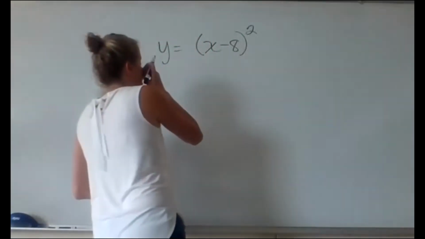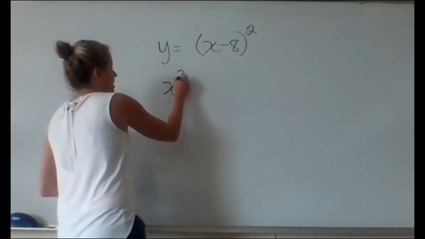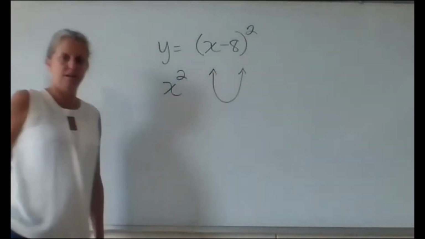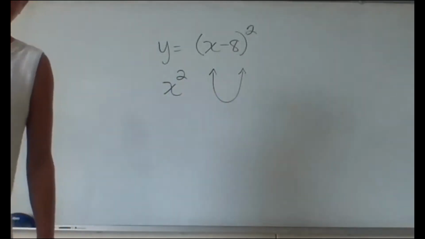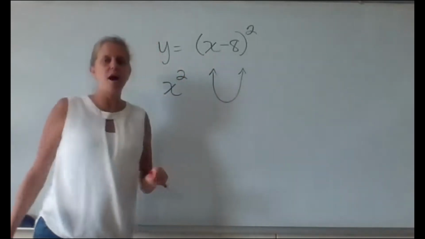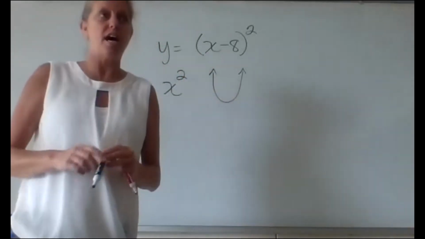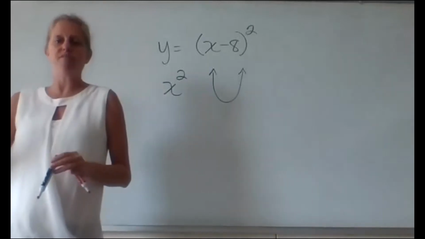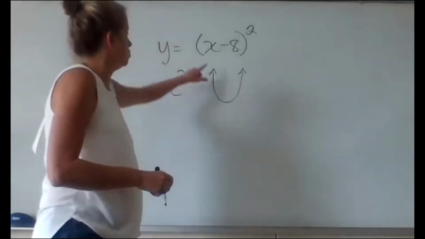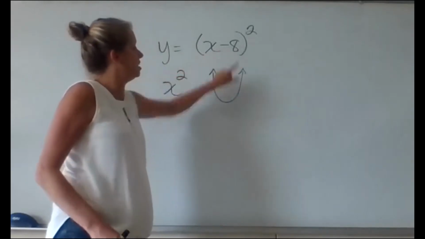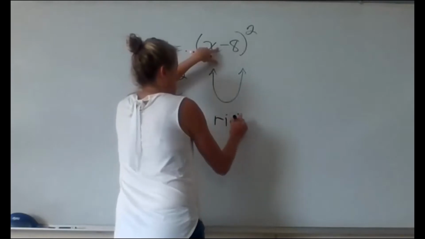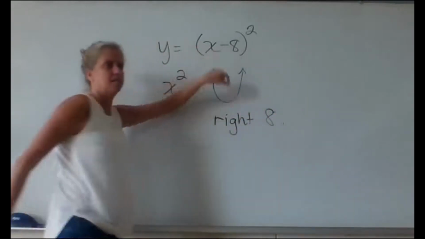So you're going to have to tell the graph that you want to start off with an x squared shape, which is going to make a parabola. Now, the shifting. This is an inside number. What do inside numbers tell me? They tell me the graph shifts left and right. So since this one is minus 8 on the inside, it's actually going to shift it to the right 8.